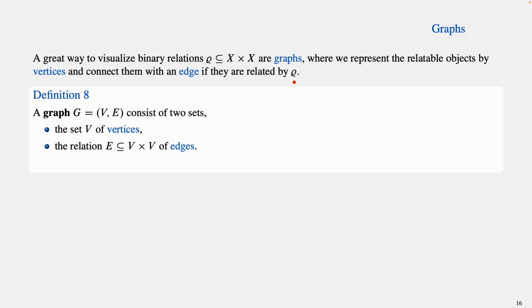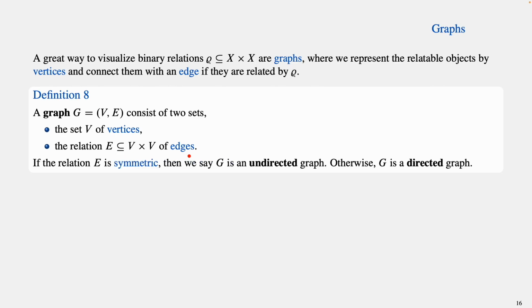More precisely, we define a graph G to consist of a pair of sets V and E, where V is a set of vertices and E is a relation on V, and we call E the set of edges. If the relation E is symmetric, then we say G is an undirected graph, and otherwise we say that G is a directed graph.